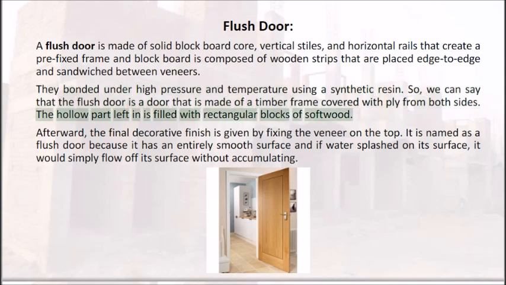The hollow part left in is filled with rectangular blocks of softwood. Afterward, the final decorative finish is given by fixing the veneer on top. It is named a flush door because it has an entirely smooth surface, and if water splashed on its surface, it would simply flow off without accumulating.